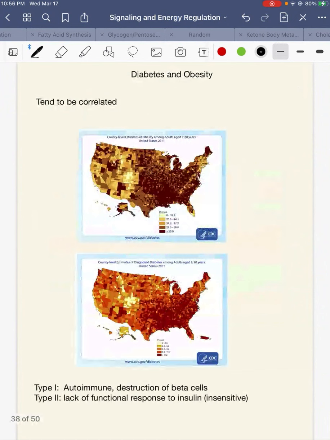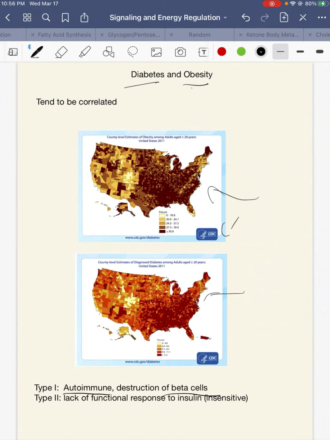Okay. So we'll talk about insulin in diabetes in a bit. But this is just a map from the CDC that shows the occurrence of obesity and diabetes in the United States, and they tend to be very correlated. Type 1 diabetes is autoimmune, so you destroy your beta cells and are unable to make and secrete insulin.